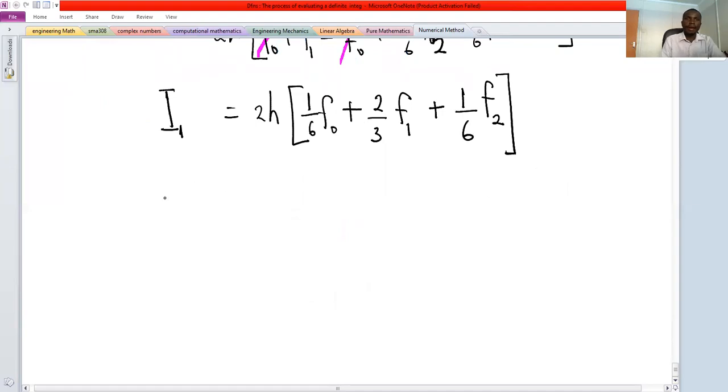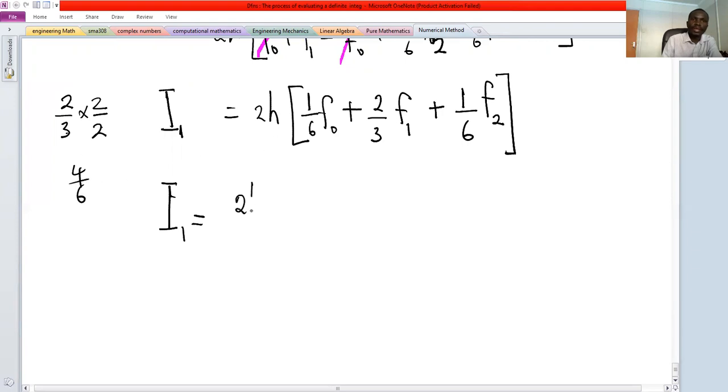Then I'll have I2, the same as I1. Now, if I factor out 1/6, remember, if I have 2 over 3 and I want my denominator to be 6, I just multiply both numerator and denominator by 2. So 2 by 2 is 4, 3 by 2 is 6.